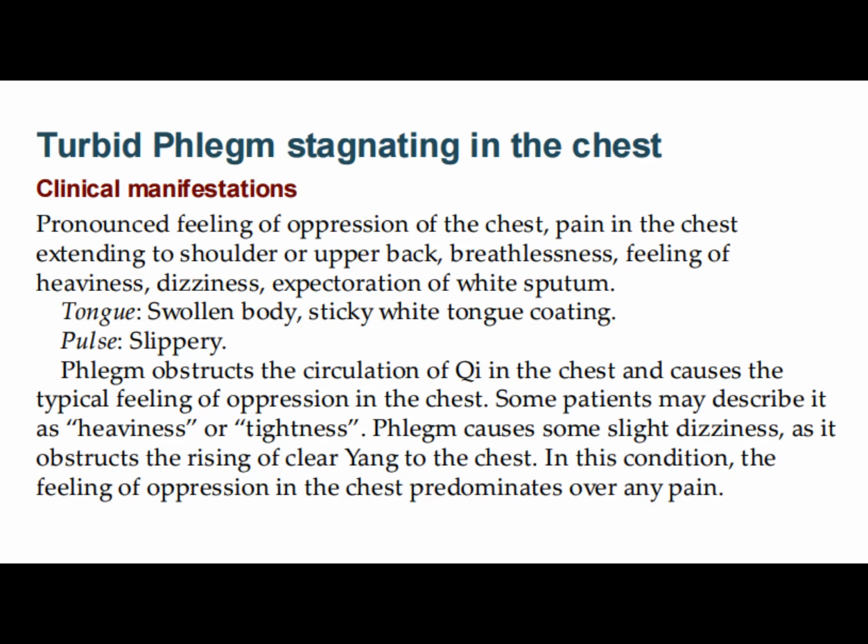Phlegm obstructs circulation of qi in the chest, and this causes the typical feeling of oppression in the chest. So if your patient complains of a feeling of oppression in the chest, that's caused by phlegm. Some describe it as heaviness or tightness. Phlegm causes some slight dizziness because it obstructs the rising of clear yang to the chest. The feeling of oppression in the chest predominates over any pain.